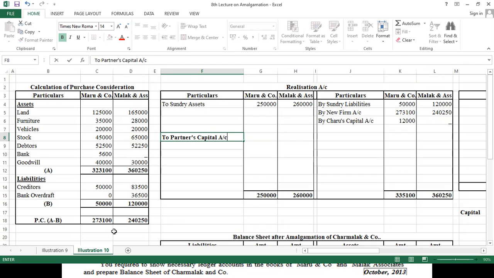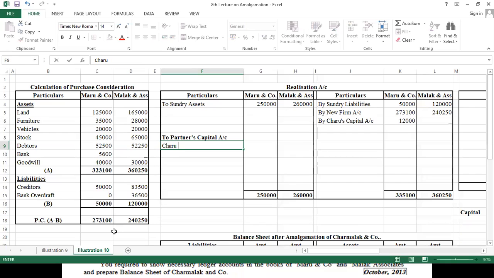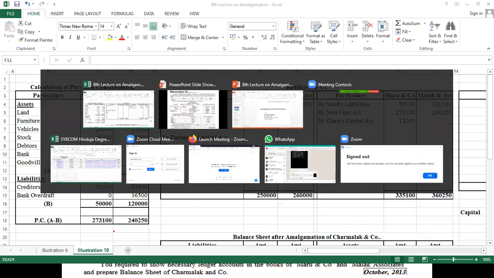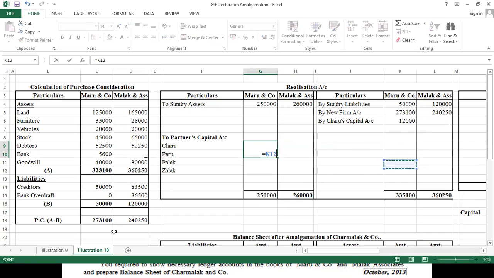Okay, what were the names we had? Charu, Paru. Paru, then we have Palak and Jhalak. So let's calculate the profit here.